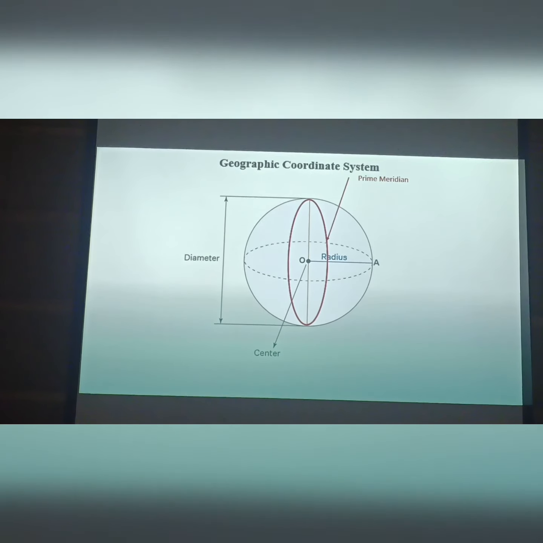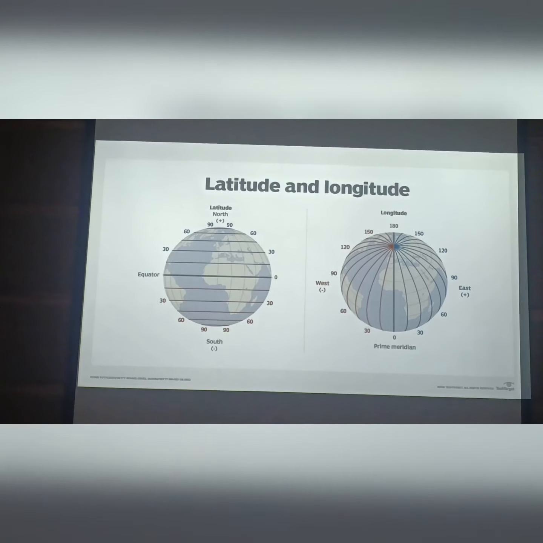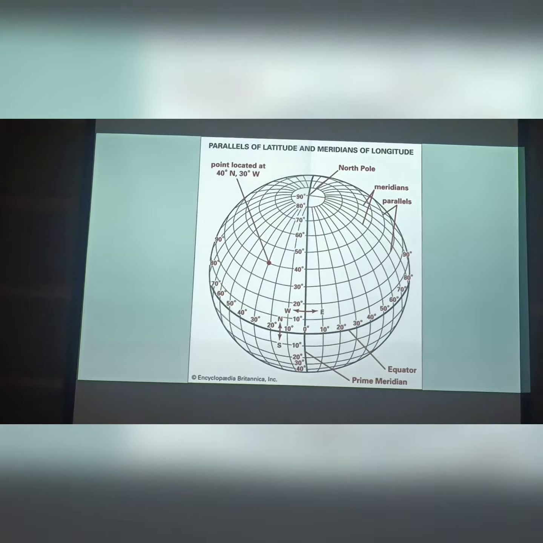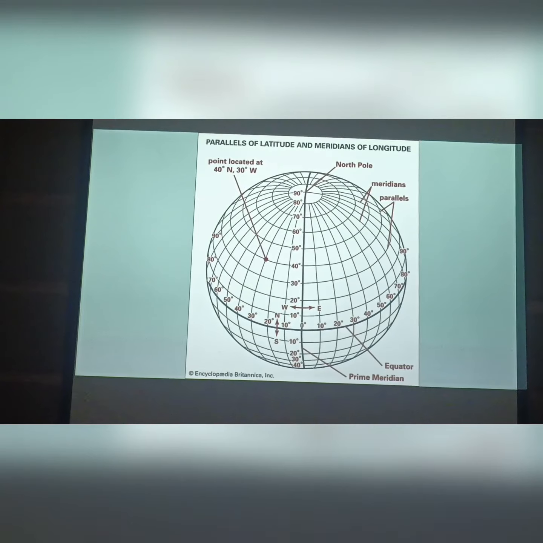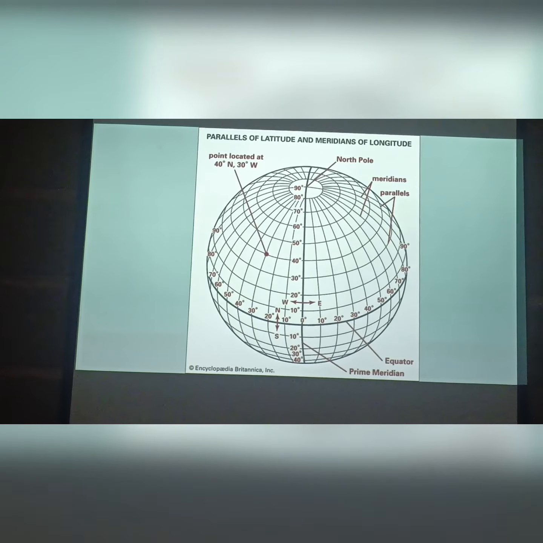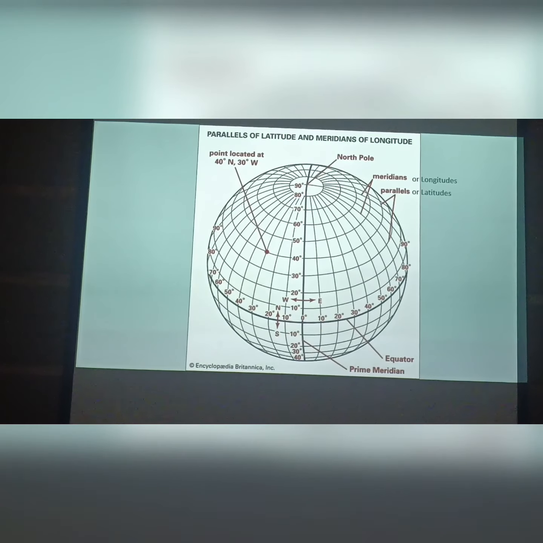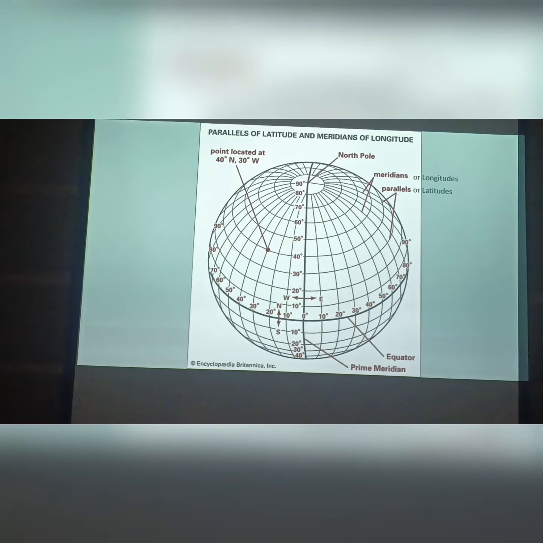We have the prime meridian, longitude and latitude. Longitude from east to west, on both sides we have divided it into 180 degrees, and latitude from north to south we have divided it into 90 degrees towards north and 90 degrees towards south. This is how we calculate the coordinates of any place on the earth.